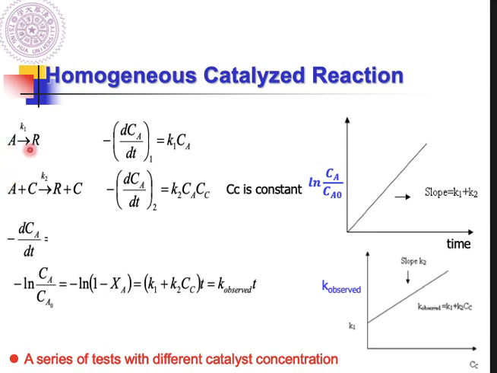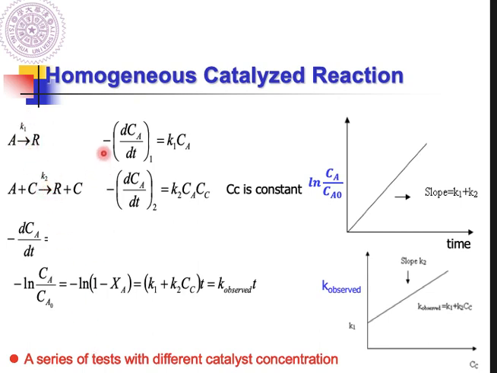Reaction 1 is A generating product R with rate constant K1, and the other one is, when I add the catalyst C, I modify the chemical equation as A reacting with catalyst and generating product R, and also the catalyst, because as you know, catalyst is not consumed during the reaction, and the rate constant here is K2. So the purpose here is also to know K1 and K2 by designing experiments to measure K1 and K2.